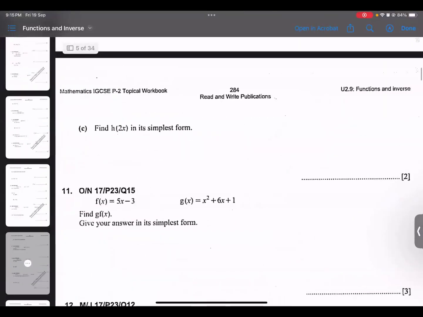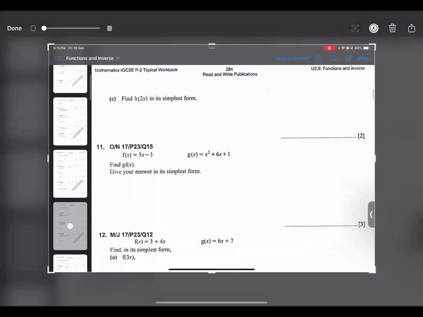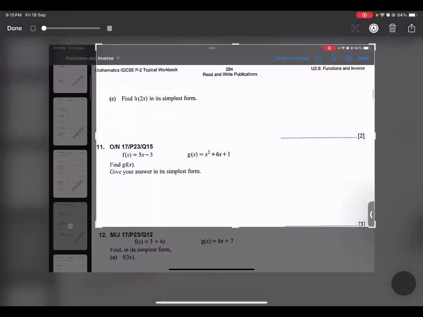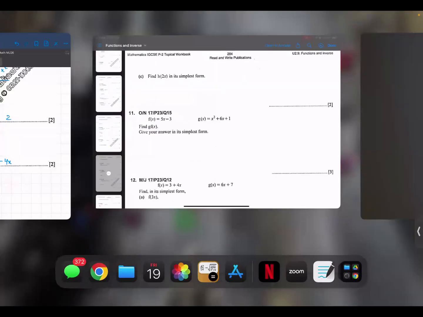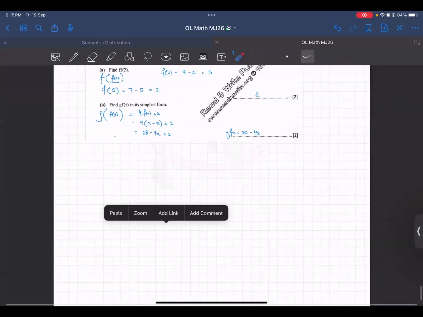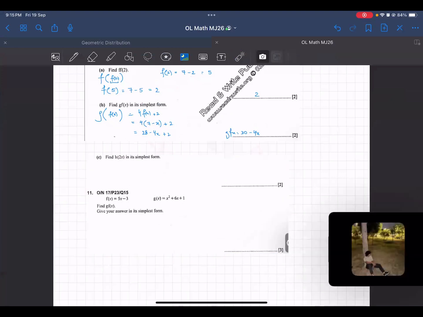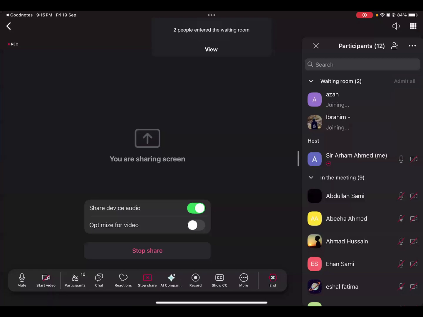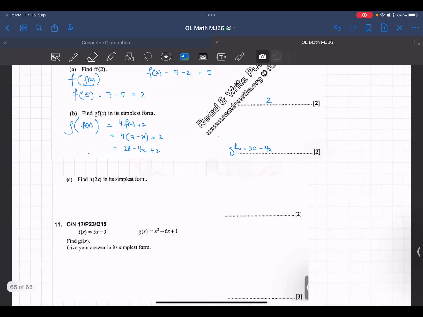Find in the simplest form h2x. And then the second, another question as well. Then the same question, they're asking you to find h2x and then simplify.